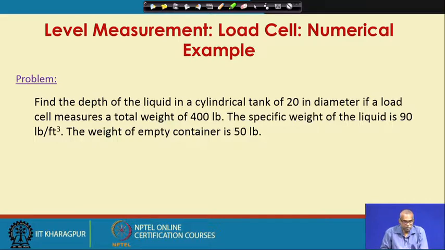So, load cell can be used for measurement of level. What you do is we take help of the load cell to find out the weight of the cylindrical tank which contains some amount of liquid in it. So, the load cell will give me the weight of the tank plus the weight of the liquid contained in the tank, and that weight happens to be 400 pound.